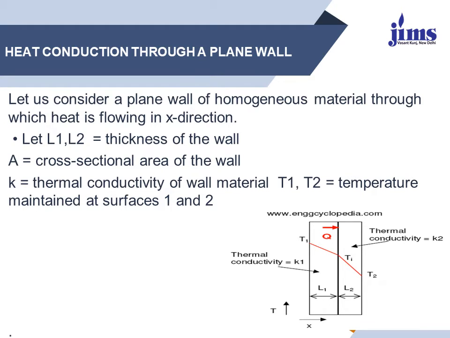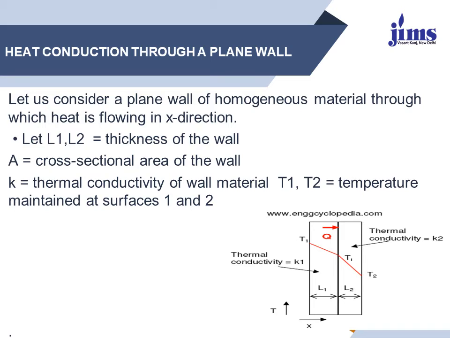Next is conduction through a plane wall. This is a very simple wall having two layers of thickness L1 and L2, maintained at temperatures T1, T2 and Ti, where T1 and T2 are the temperatures at the inner side and the outer side, and Ti is the temperature at the interface of these two layers. We assume the conductivity of the first wall is K1 and the conductivity of the second wall is K2.